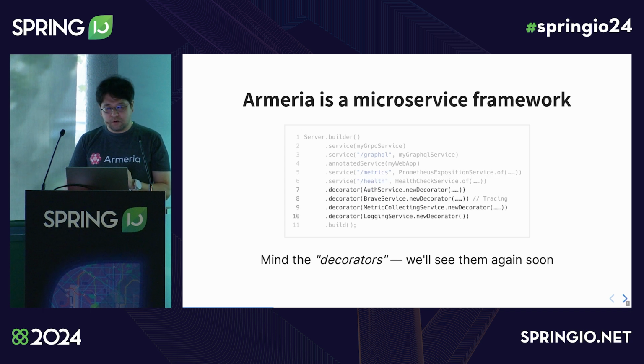And there are also decorators that intercept requests and responses to provide common functionalities for building a service, for example, authentication, distributed tracing, metric collection, and logging.